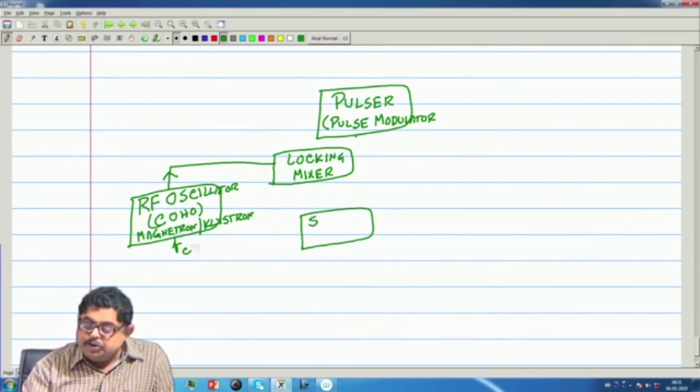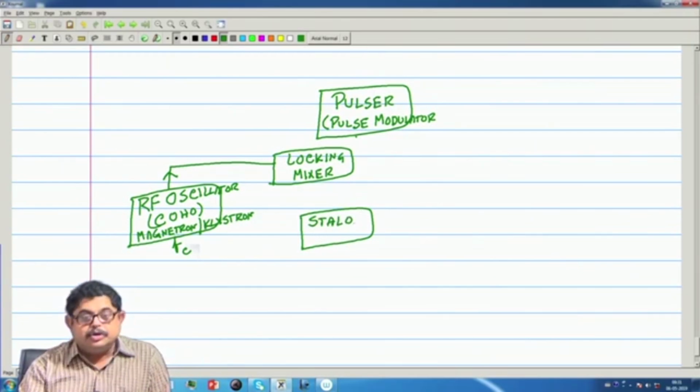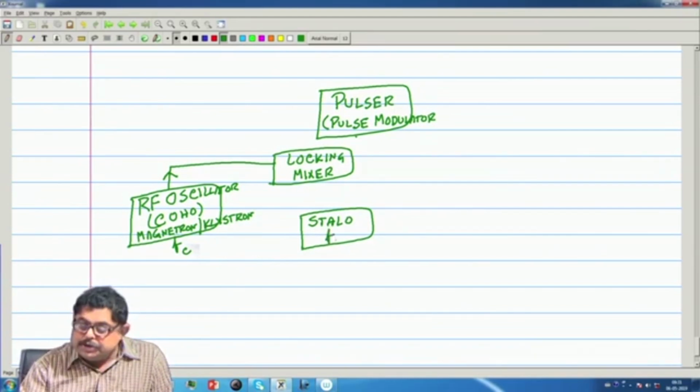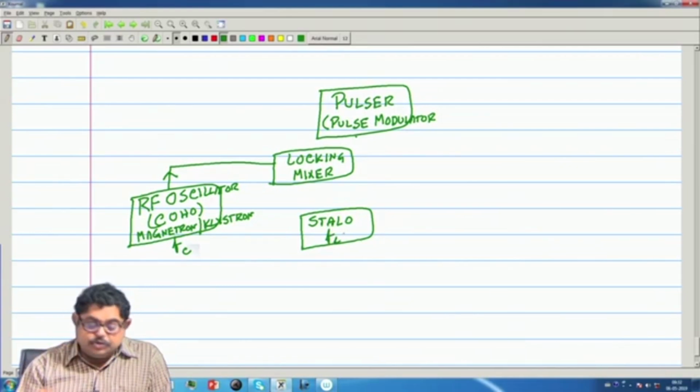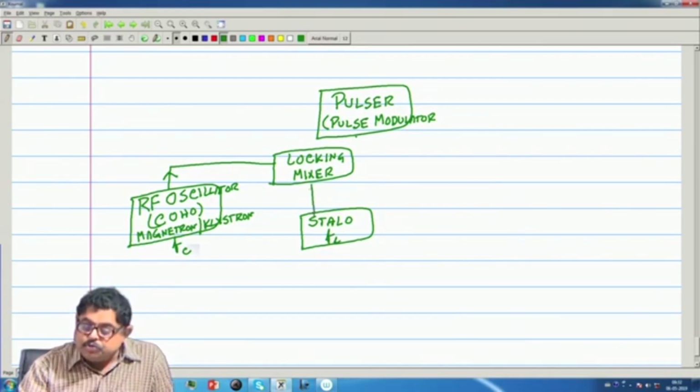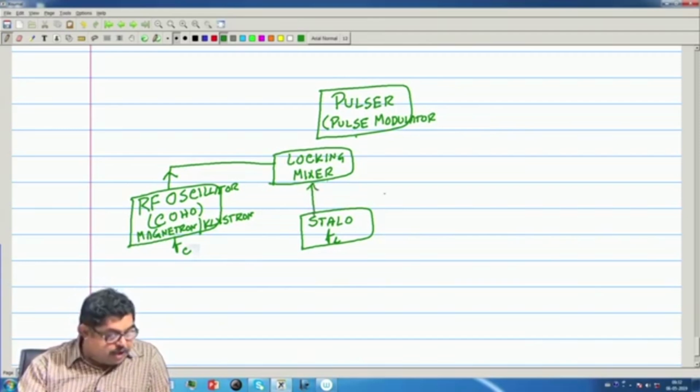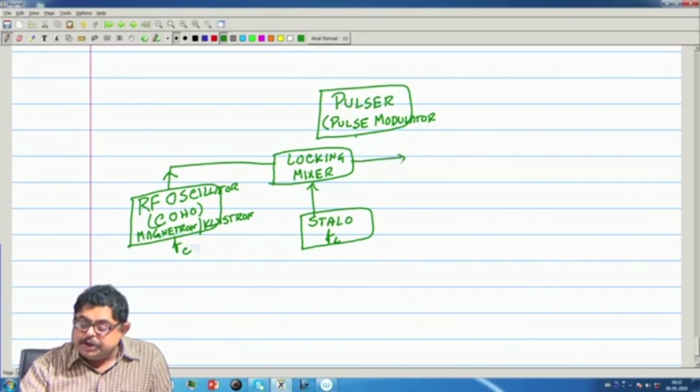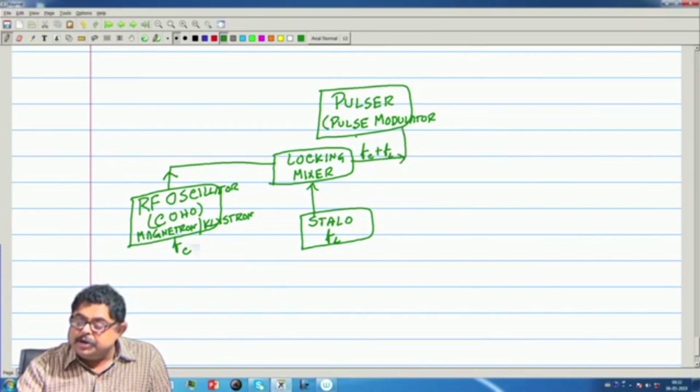It is not at RF level, it is called stalo. It is a stable local oscillator, and let us call that frequency FL. It is given to the mixer, and this mixer produces the sum of these two, FC plus FL.